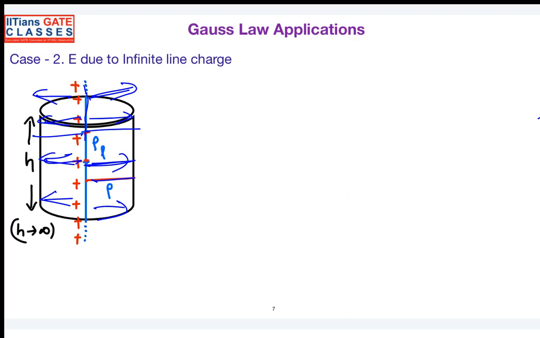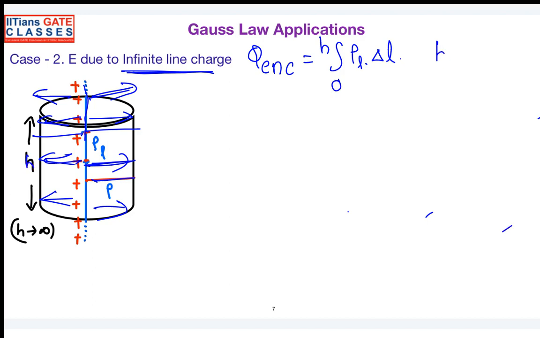First of all, you tell me what will be the total charge enclosed in this. Since it is an infinite line charge, the total charge Q can be written as the integral of rho L dL, where I was integrating from 0 to h, considering h is the height of the line charge and h tends to infinity. Is my assumption correct right now?